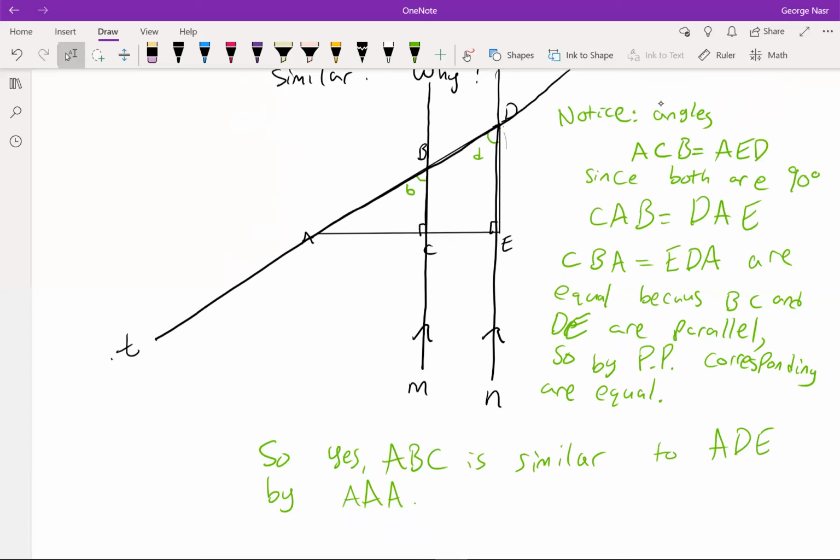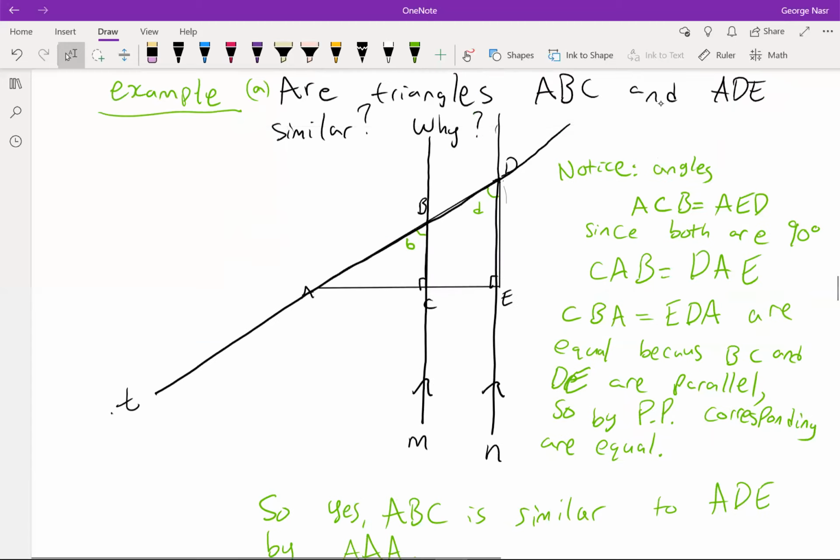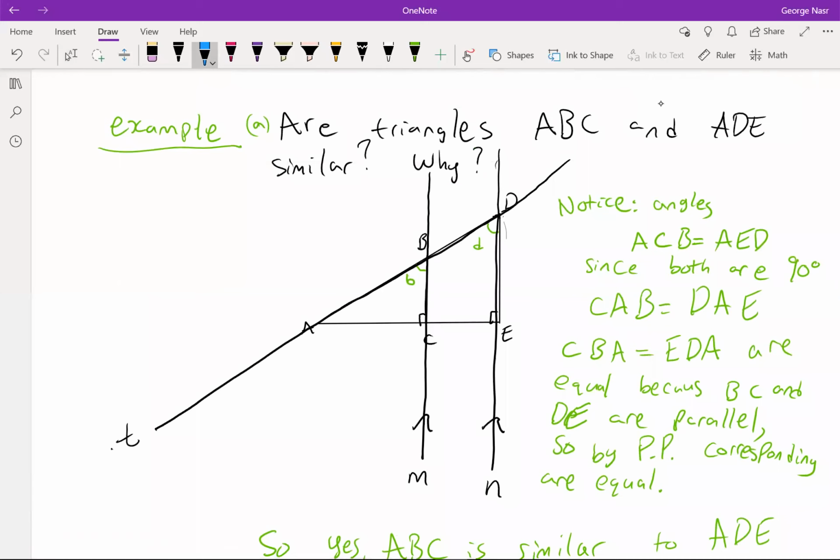What made this scenario work was that the triangles already shared an angle in common. That was easy. But we were also able to use the parallel postulate because these two sides were equal, and we were able to deduce that these angles were the same.